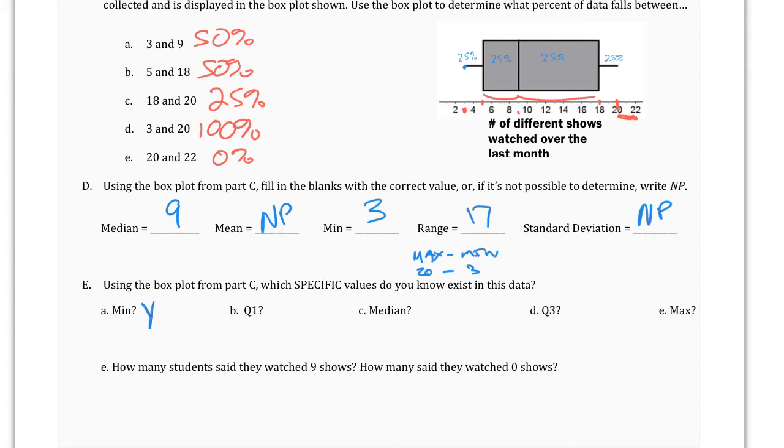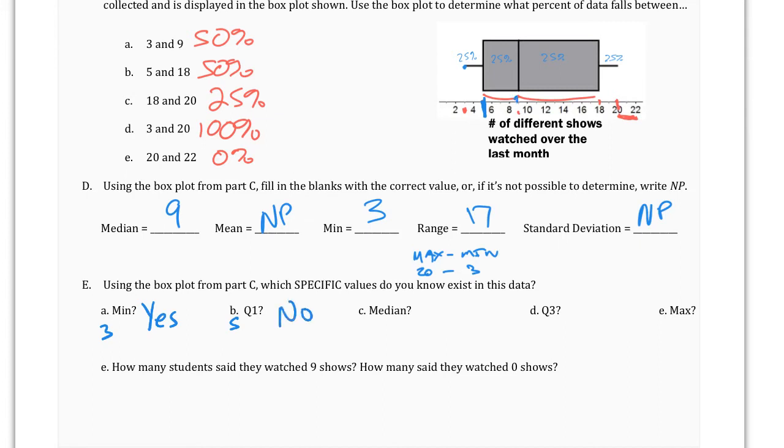So yes, there has to be a student who watched 3 shows. Q1. Well, Q1 we know is 5. Do we know there's a student who watched 5 shows? Because I'm looking right up here. No, we don't. Q1 could be like a median of between 2 numbers, so no.